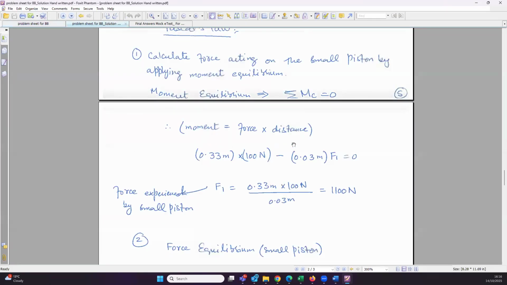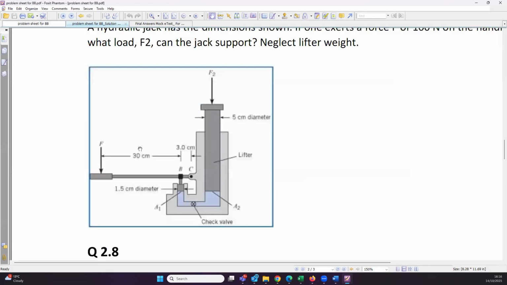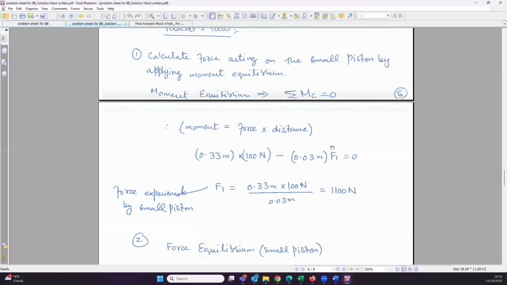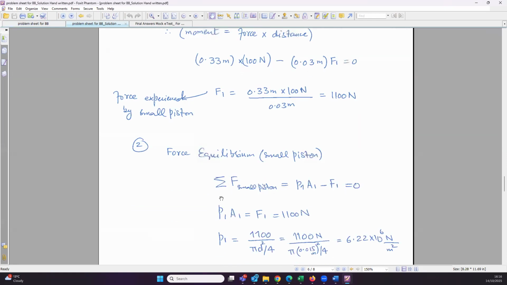And the difference gives you F1 because, if you are in equilibrium, it means nothing is changing. Before this cylinder starts moving, you are at a point where the cylinder is not moving. That's why it's equilibrium. It means the net is 0. You get F1.